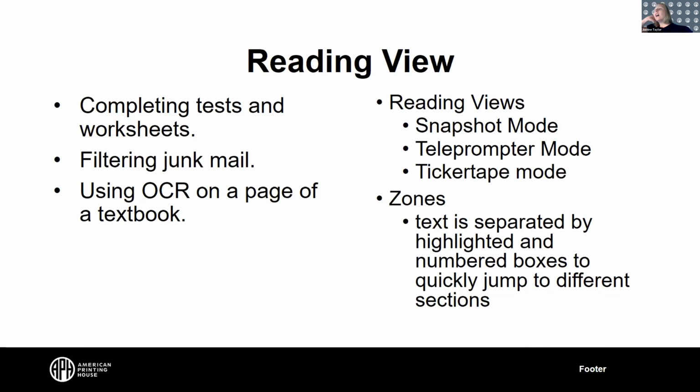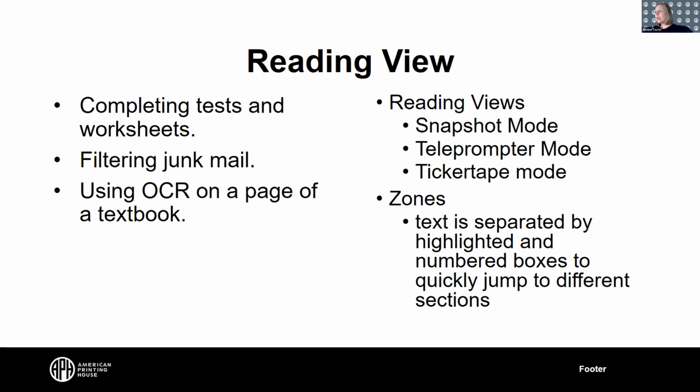Sorry about that. So with the multiple reading views, you have snapshots mode, which shows the full screen capture. When you take a picture of the text, you're in that snapshot view. So it's like a live view of that full screen capture. And then you can put it into teleprompter mode, which shows the text in paragraph form.